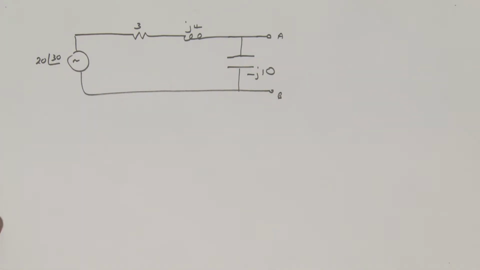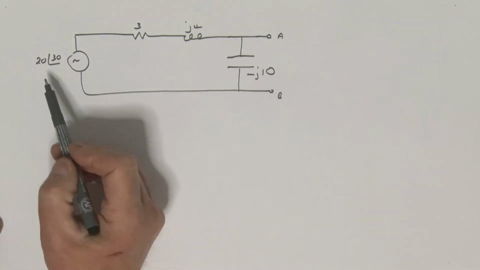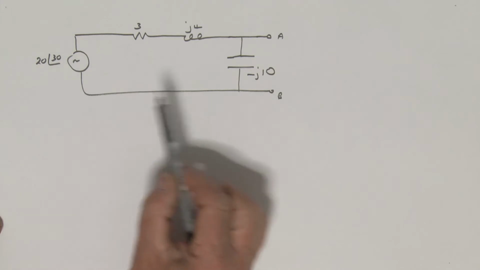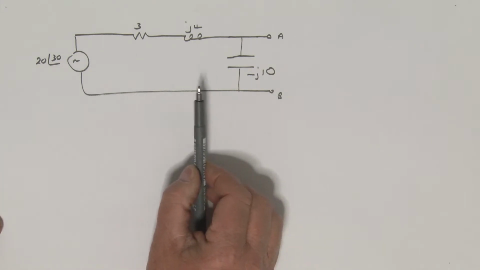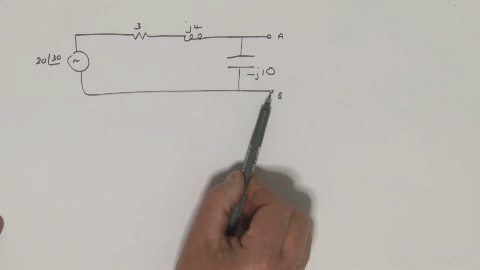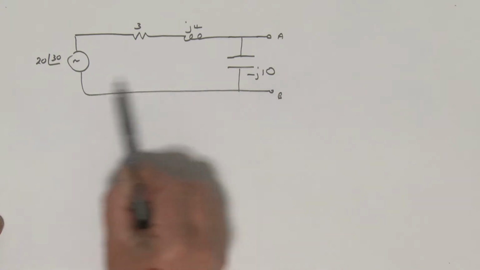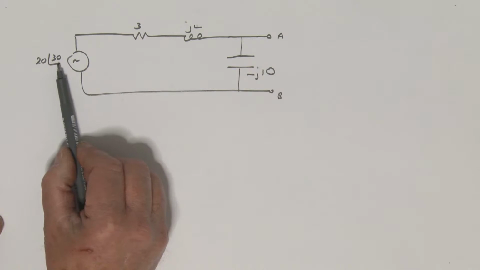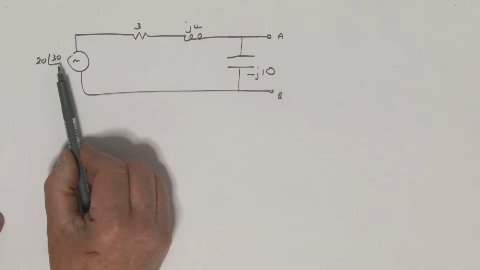Well, that's fine, but I just want you to think a little bit here. If I'm finding the short circuit current, then in that calculation I've got this source, and this source has an angle associated with it. Is that going to be a problem?